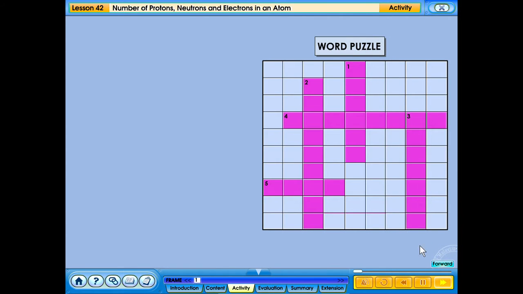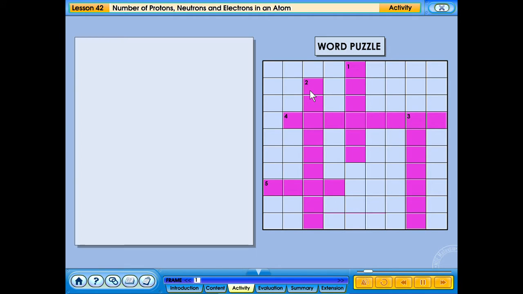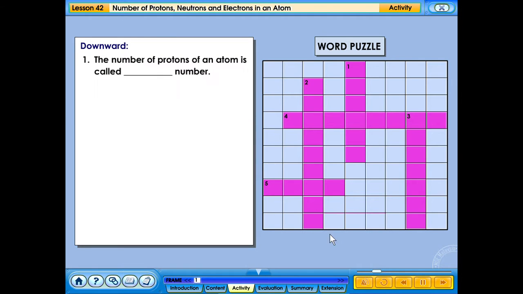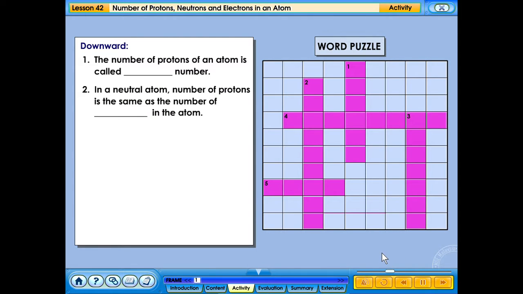Complete the crossword puzzle by answering the following questions. Downward. 1. The number of protons of an atom is called number. 2. In a neutral atom, number of protons is the same as the number of in the atom. 3.